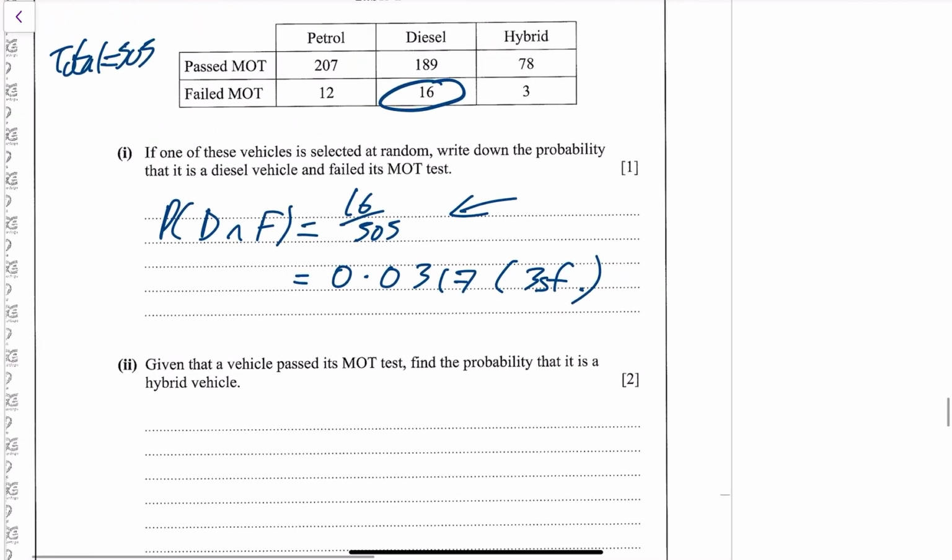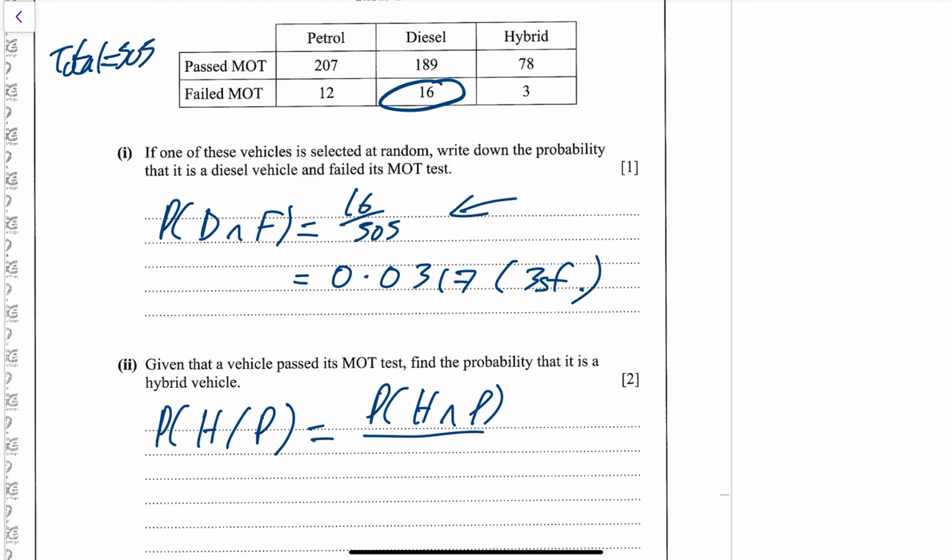Next one says, given that a vehicle passed its MOT test, find the probability that it is a hybrid. So we're looking for hybrid given it passed. So that's the same as hybrid and passed divided by the probability it passed. Now, hybrid and passed, you've got 78 out of 505.